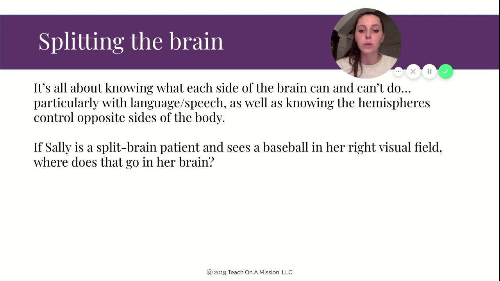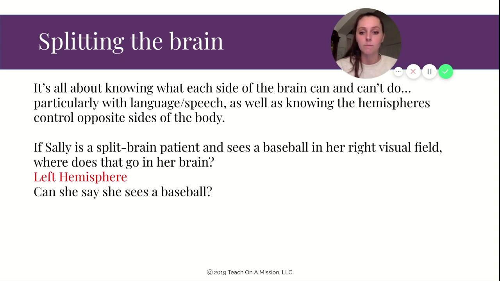If Sally is a split brain patient, so her corpus callosum is cut and those hemispheres are not able to interact with each other, and she sees a baseball in her right visual field, where does that go in her brain? If she sees a baseball in her right visual field, through her right eye, that information gets sent to, you guessed it, the left hemisphere, because the left side controls the right side of the body.